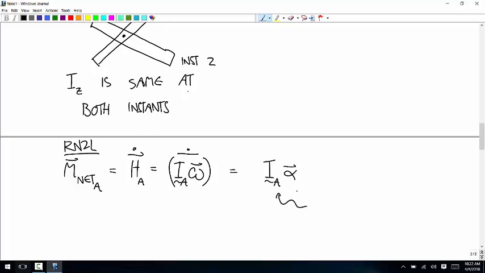Okay, so this form comes from the fact that the time derivative of the mass moment of inertia is 0. Otherwise you'd have to use the product rule there.